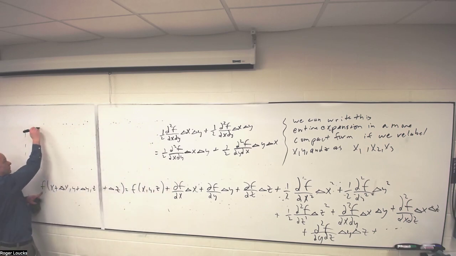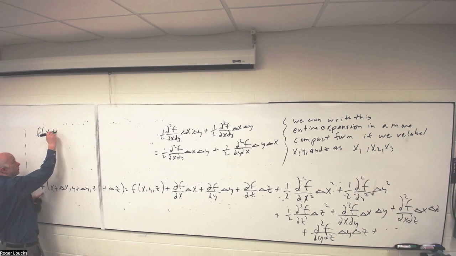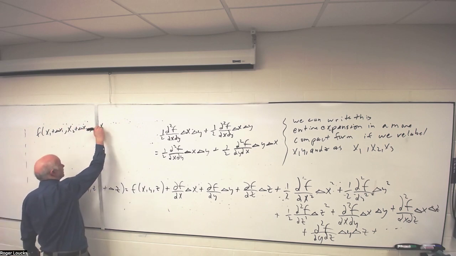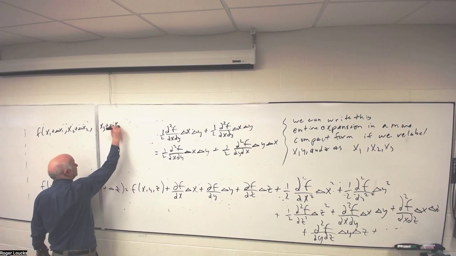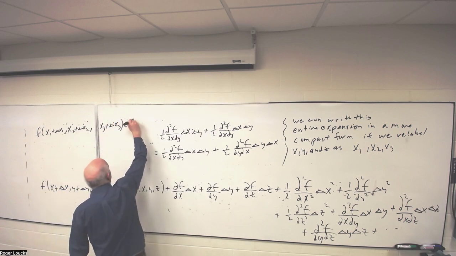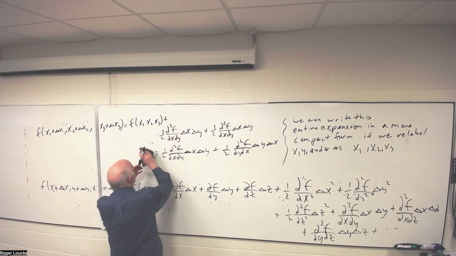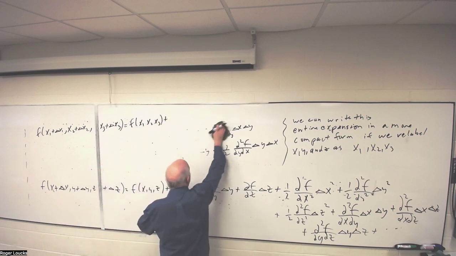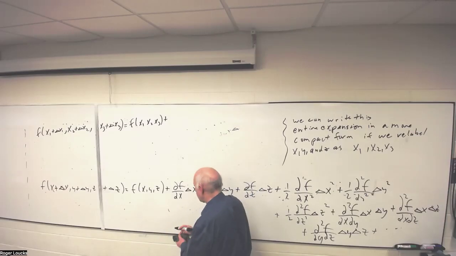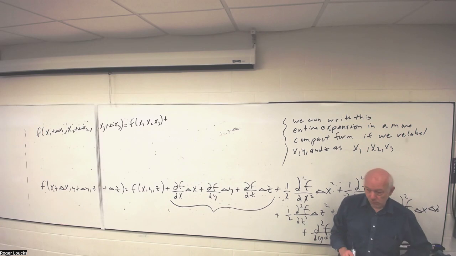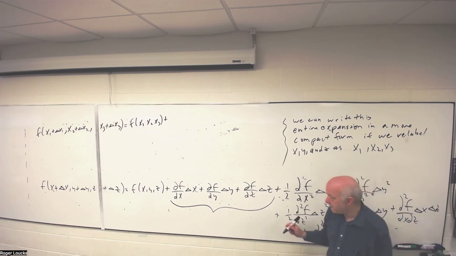So now I can say that my function of X1 plus delta X1, X2 plus delta X2, X3 plus delta X3, it's going to be a function of X1, X2, X3 plus. Okay, what can I write this whole mess here as? Right.